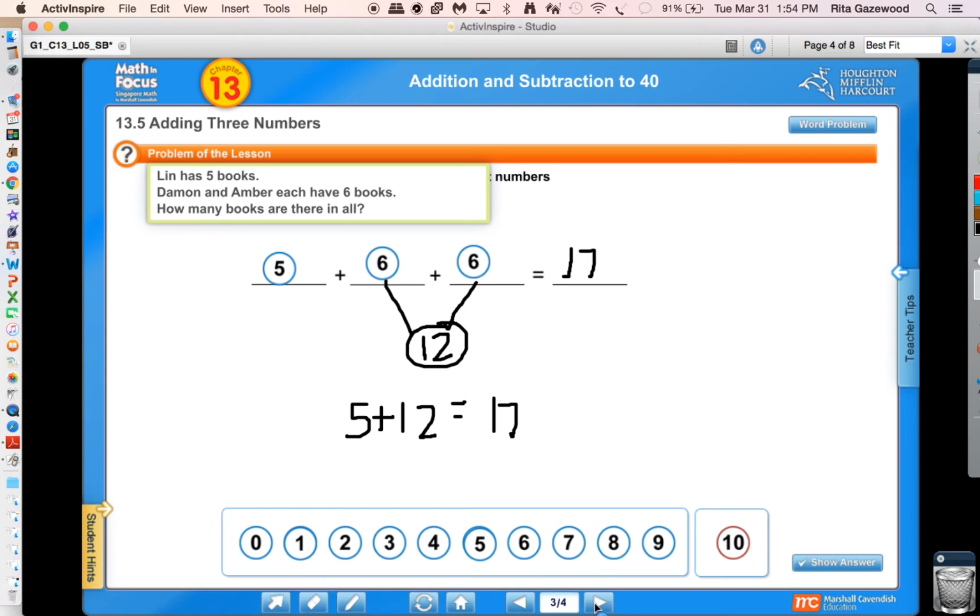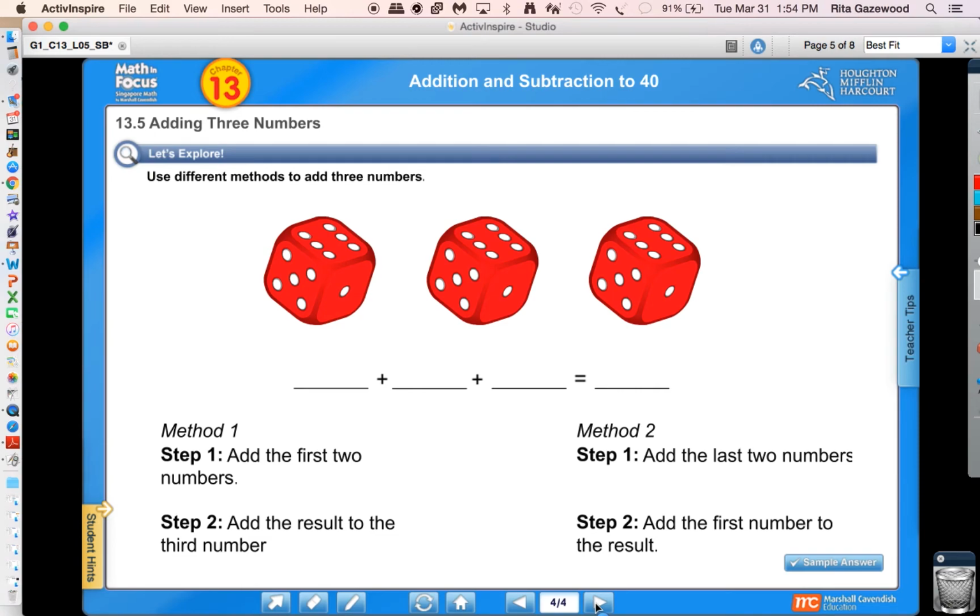Let's go on to the next activity. We're going to use different methods to add 3 numbers. In method number 1, we're going to add the first 2 numbers and then add the result to the third number. In method number 2, we're going to add the last 2 numbers and then add the first number to the result. So let's roll the dice.